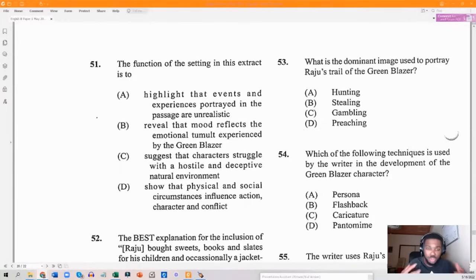Of course, the entire plot is driven by the setting, by the crowd being present, by the blazer being there, by the marketplace. All of this sets up the stage and creates opportunity for everything to happen. So that's what the setting does in this extract.